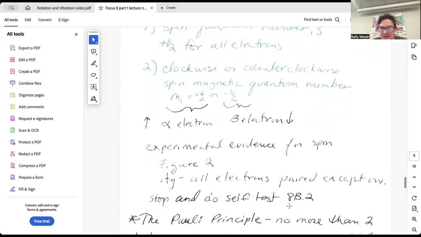And so the experimental evidence for spin, well, maybe it is figure 2. Let me see.